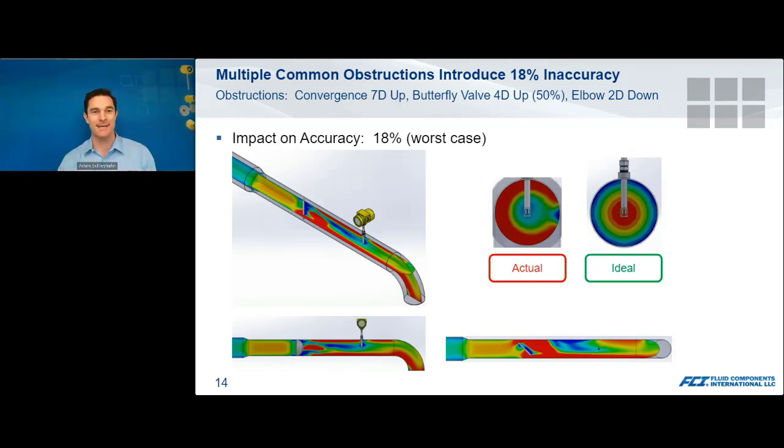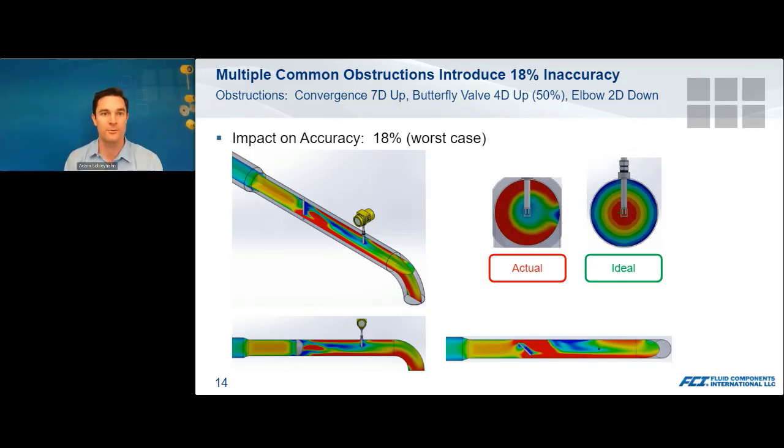You see, this has a pretty significant impact on the accuracy of the measurement that you're going to make. So if you have accuracy requirements of 1% or 2% or 3%, you're getting thrown way off because the impact here can be as high as 18%. Now we'll come back to this example here in a few slides, and we'll talk through what flow conditioning would do in a scenario such as this one.